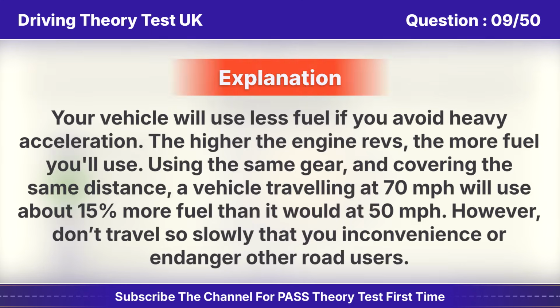Your vehicle will use less fuel if you avoid heavy acceleration. The higher the engine revs, the more fuel you'll use. Using the same gear and covering the same distance, a vehicle traveling at 70 miles per hour will use about 15% more fuel than it would at 50 miles per hour. However, don't travel so slowly that you inconvenience or endanger other road users.